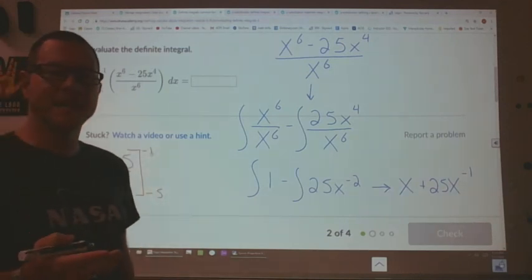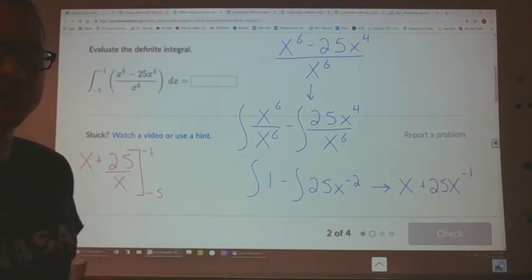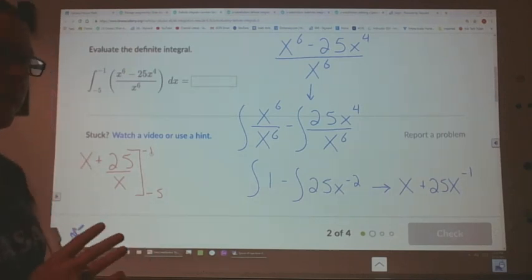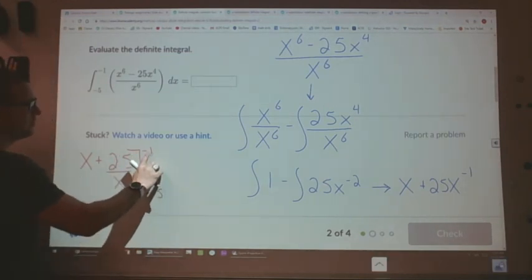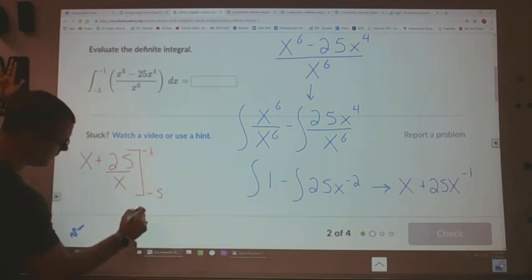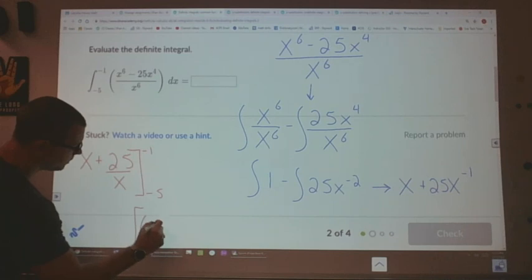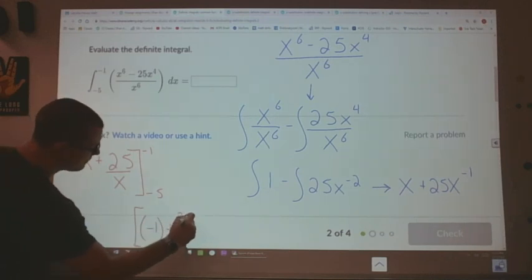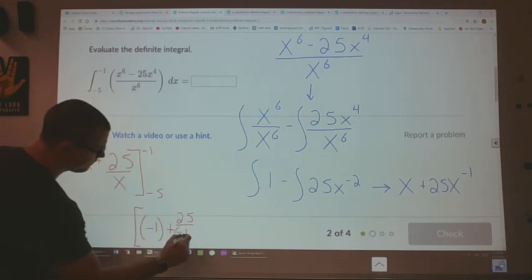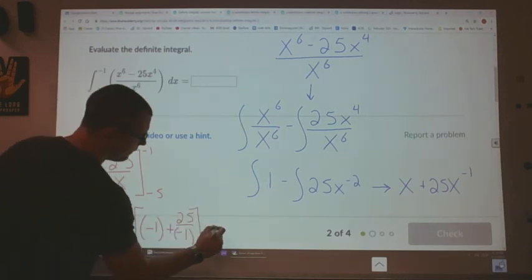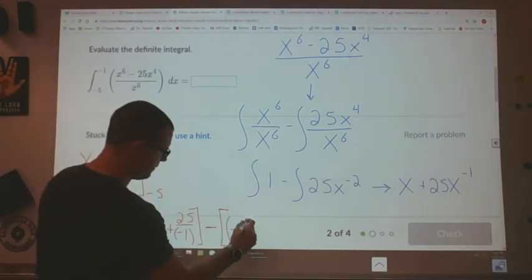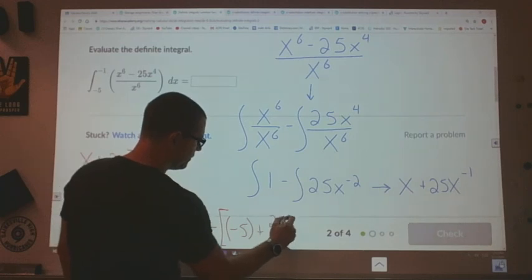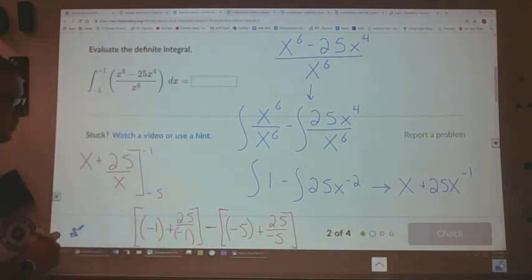So once I have that integral there, all I have to do now is evaluate by f at b minus f at a. So we're going to do f at negative 1, which would be negative 1 plus 25 over negative 1. And then f at a, which in this case negative 5, would be negative 5 plus 25 divided by negative 5. And both of those are pretty easy to evaluate.